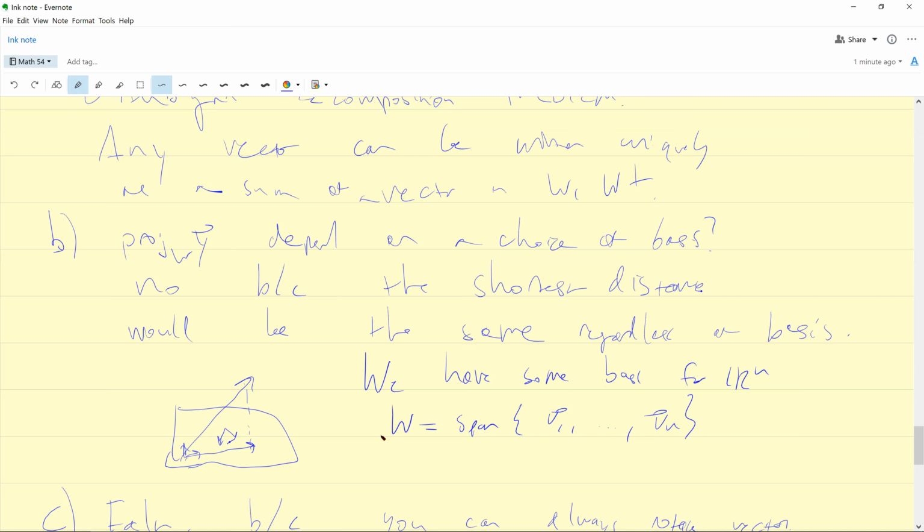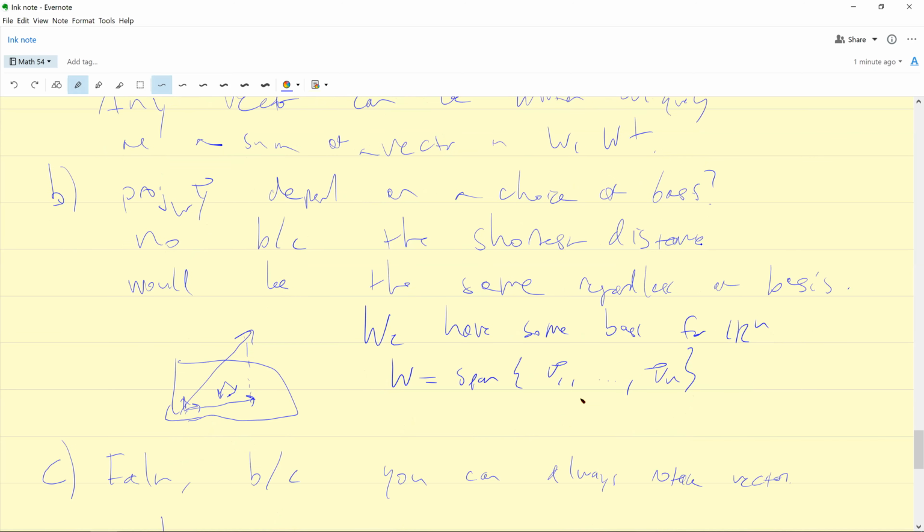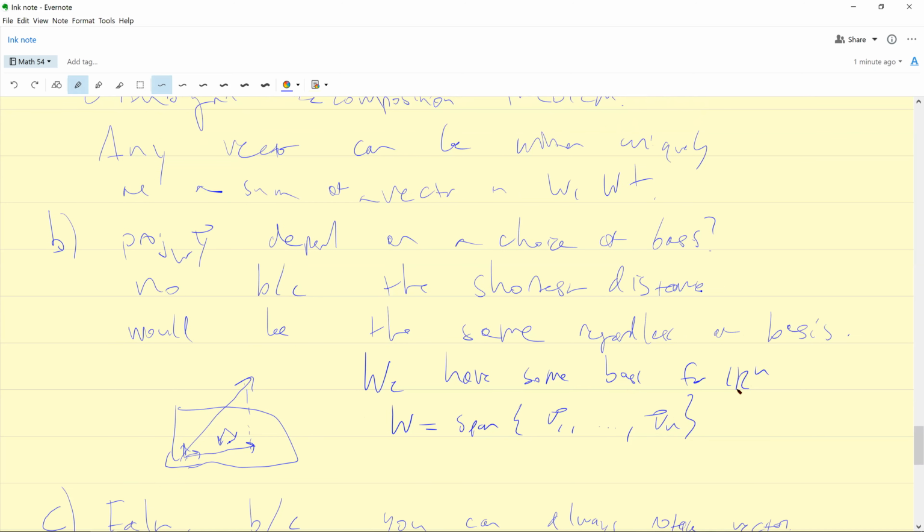Since this is the same vector in Rn each time, whichever vectors you pick for V1 through Vn, it's always going to be the same inherent vector. So it's always going to be the same linear combination of these original basis vectors for Rn, even if we use different basis vectors for W. So it's always going to be the same actual numbers with respect to this fixed, usually standard basis.